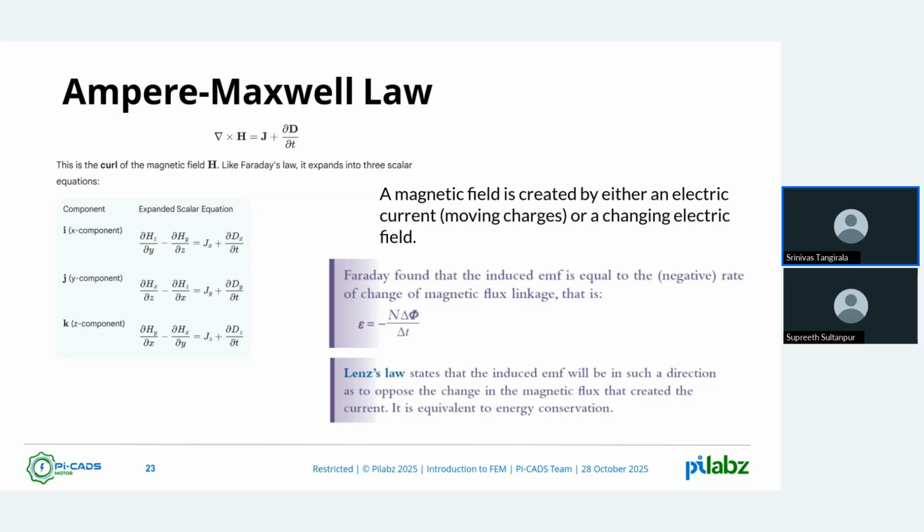Both J and ∂D/∂t produce the magnetic field. Like you saw, the current carrying conductor doesn't have to move. Even if it is static, it produces a magnetic field, right? That is represented by J. And if the electric field is changing with time, that also produces a magnetic field. So both are encapsulated in this equation.